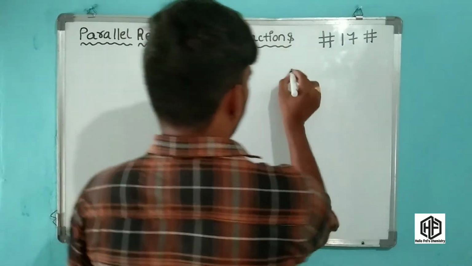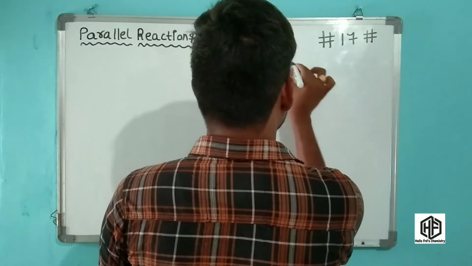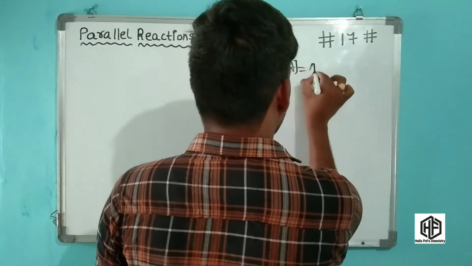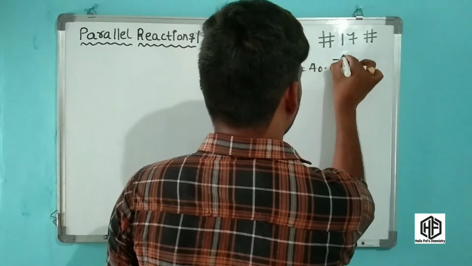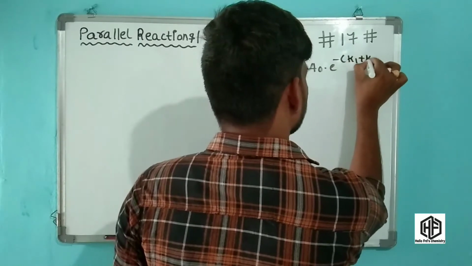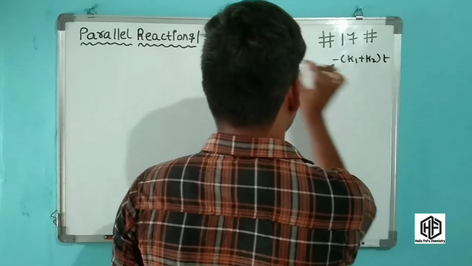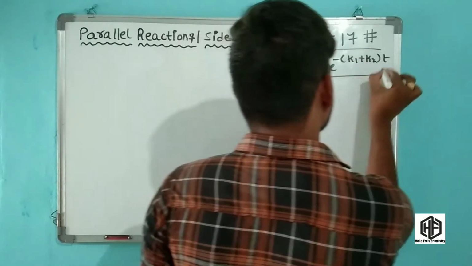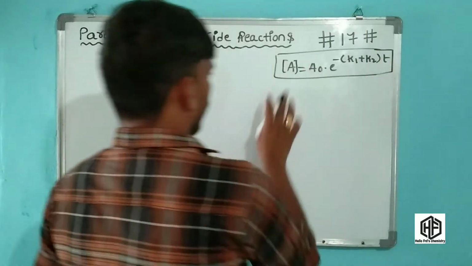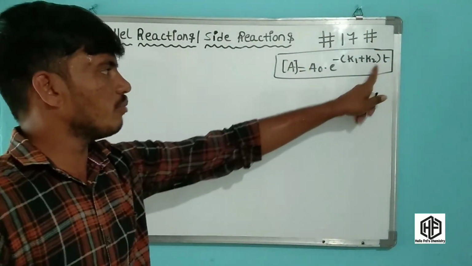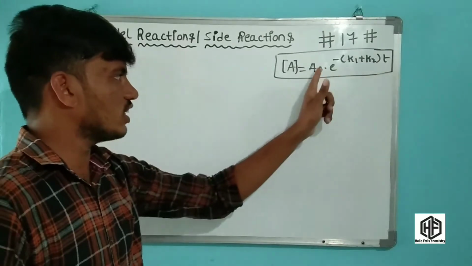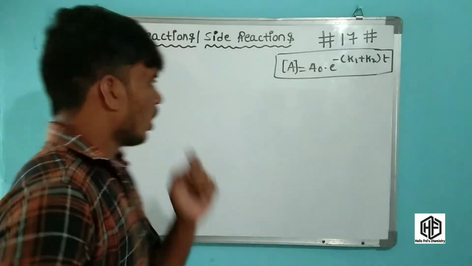The concentration of A is equal to A naught into e power of minus (k1 plus k2) into t. This is the expression for the concentration of A versus time. Here k1 and k2 are the rate constants, and A naught is the initial concentration.